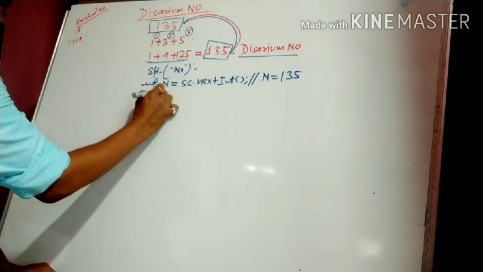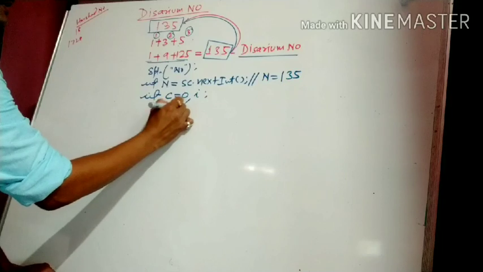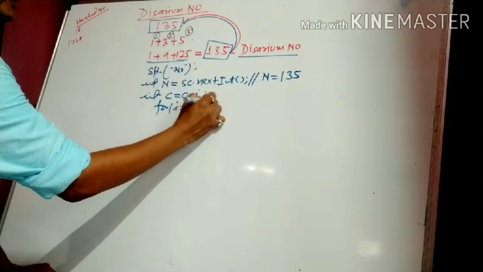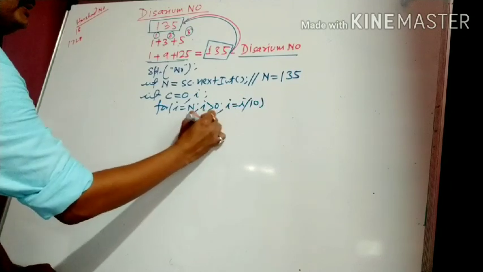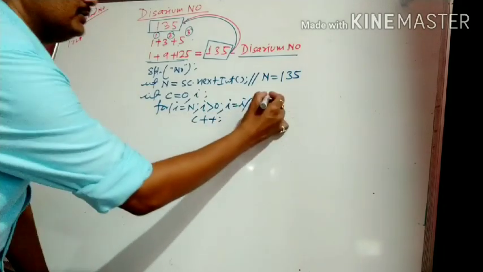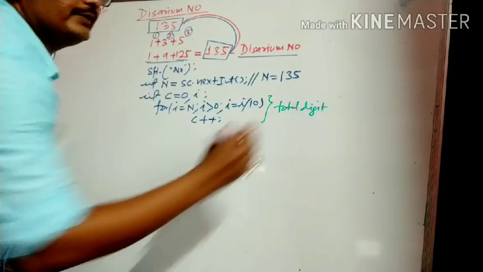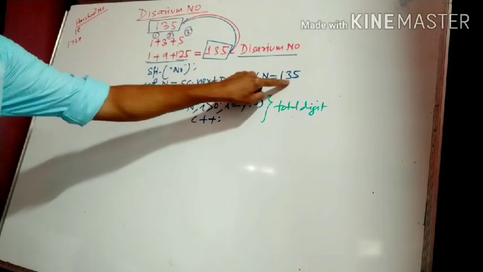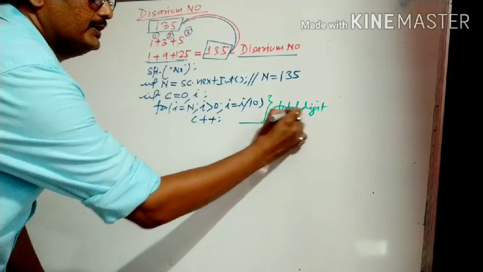This is the way to find it: for i equal to n, i greater than 0, i divided by 10, c plus plus. The last video already explained this part. This is for the total digits of a number. Here the number is 135, so the final value of c will be 3.